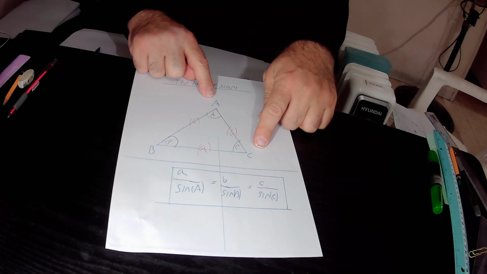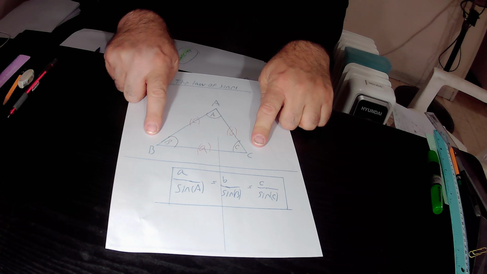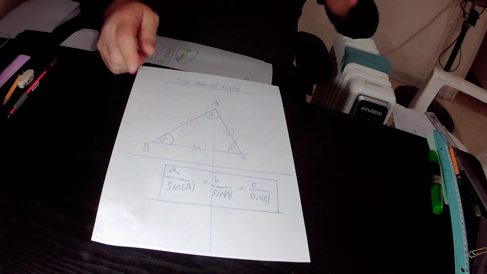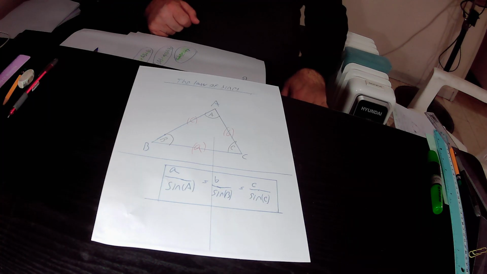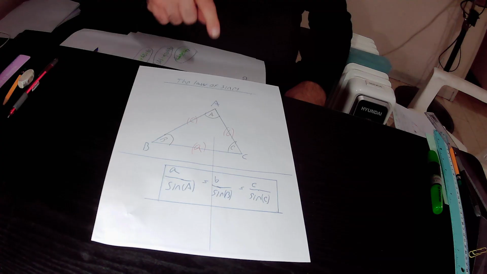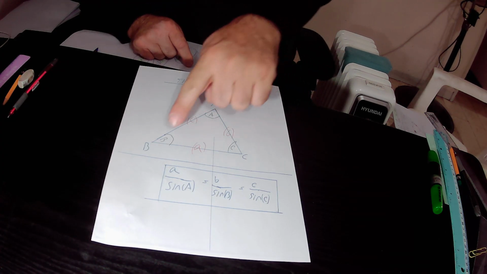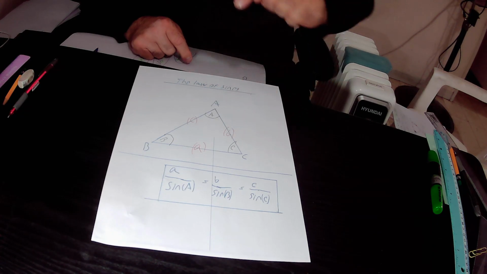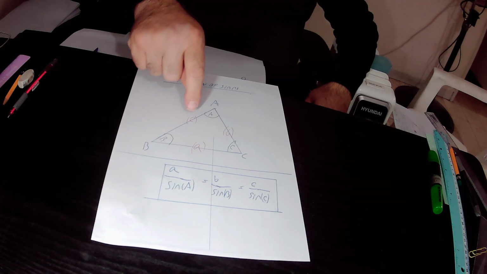Side AC of this triangle ABC equals B units in its length. This is side BC, which equals A units in its length. So in this triangle ABC that could be any triangle, according to the law of sines, the following equation is true. A over sine A equals B over sine B equals C over sine C.